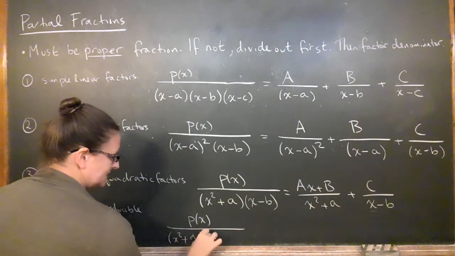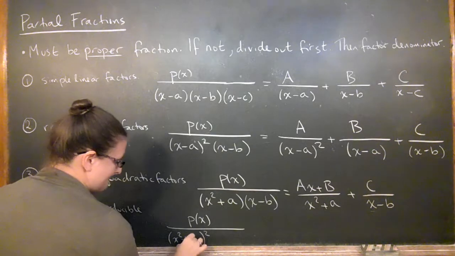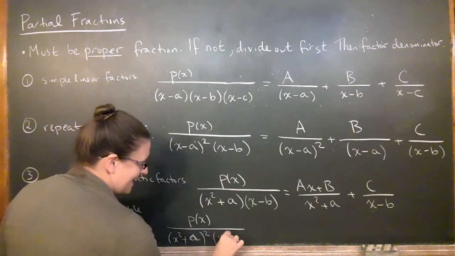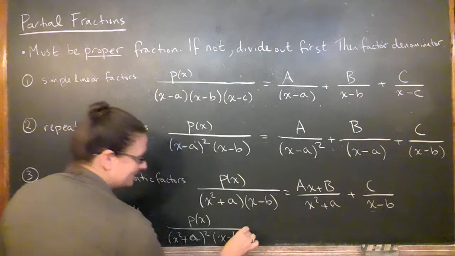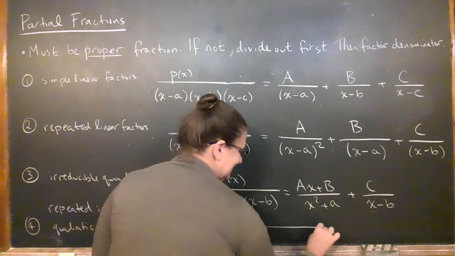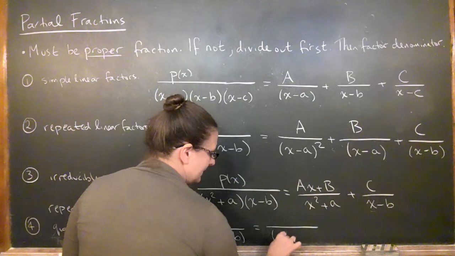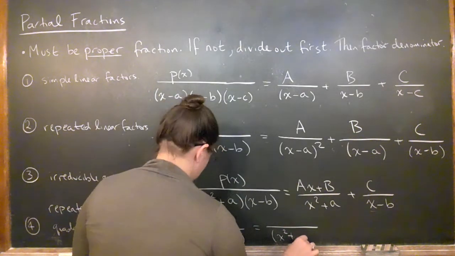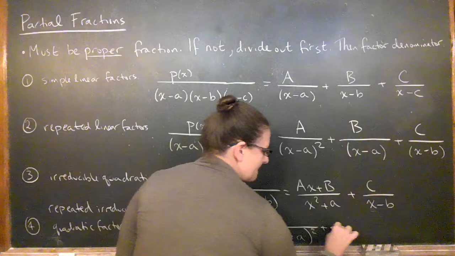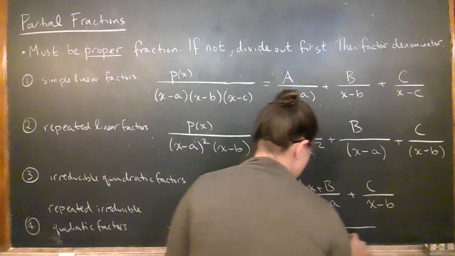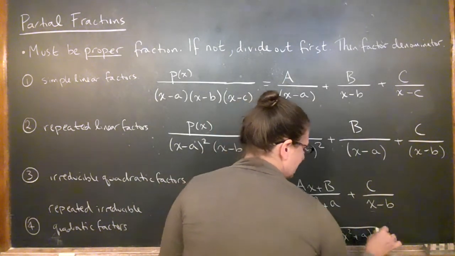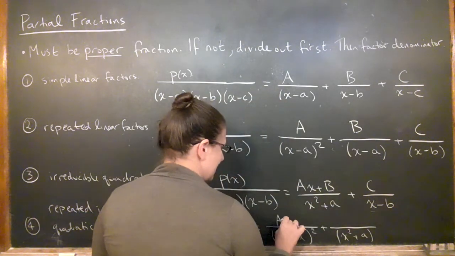So x squared plus a squared, times x minus b. So then you have to do, as I did in the example, x squared plus a, whole thing squared, and then one down, just x squared plus a, and both of these get an ax plus b form.